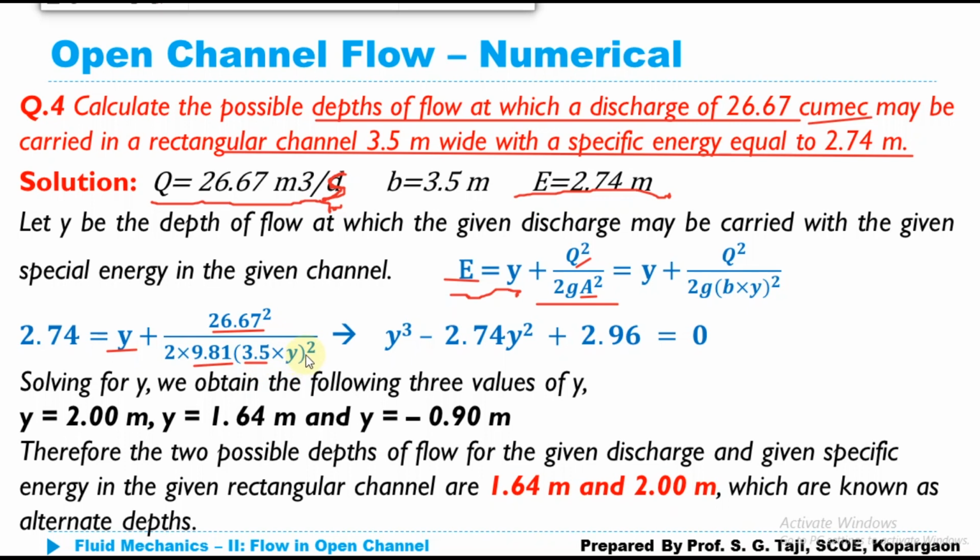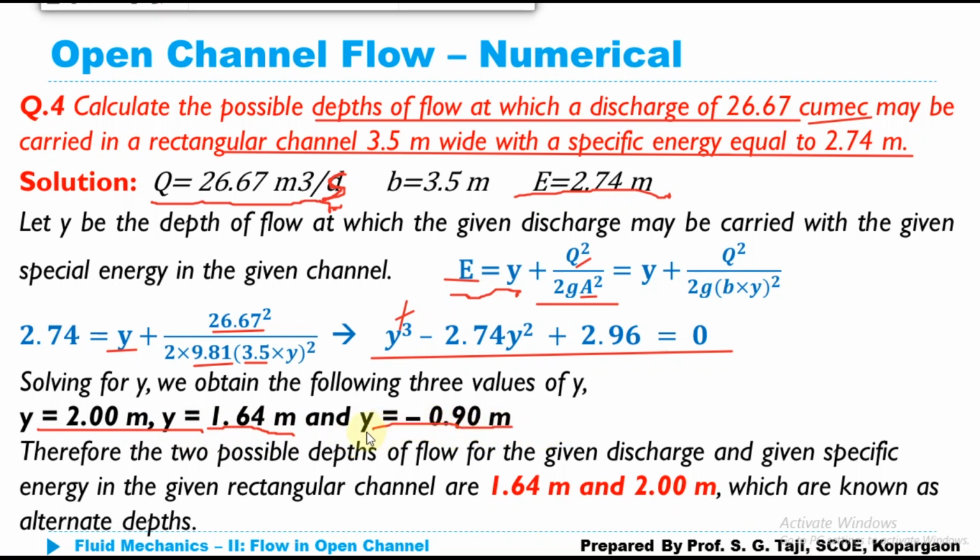After rearranging this equation, I get y cube minus 2.74 y square plus 2.96. Now by solving this cubic equation, since y has power 3, there are possibly 3 values of y. The values we get are y equal to 2 meter, y equal to 1.6 meter, and y equal to minus 0.9 meter.